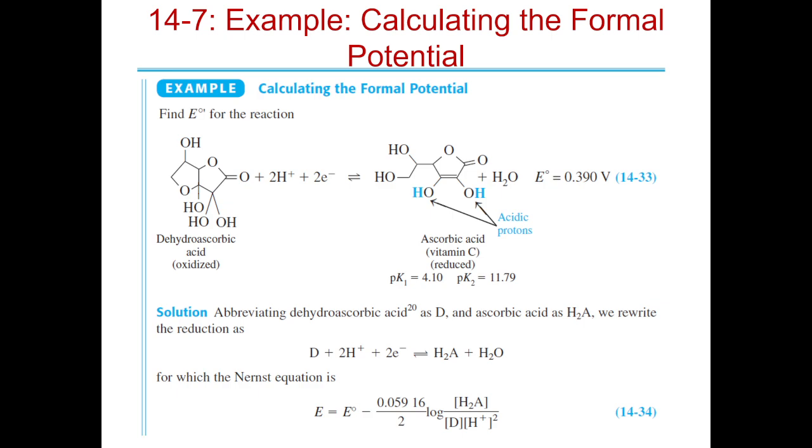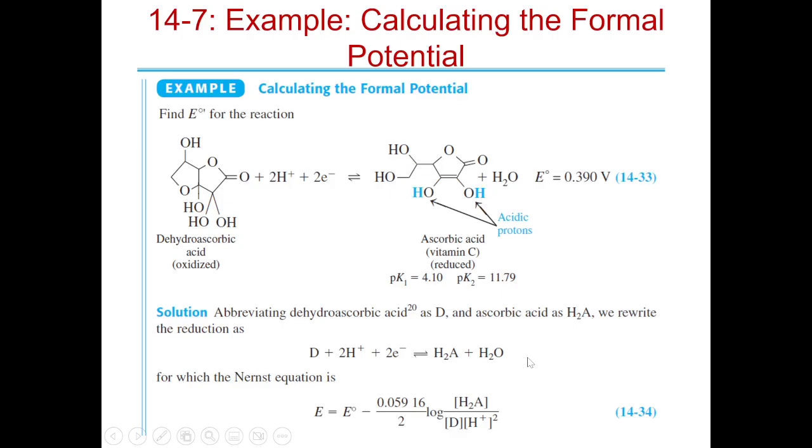Everybody okay with it? And the ascorbic acid portion, the form of it with 2 hydrogens attached to it, is going to be the H2A. And then we'll rewrite it like so. Same reaction, just in a form that's easier to read. So we can write those symbols instead of these giant structures.